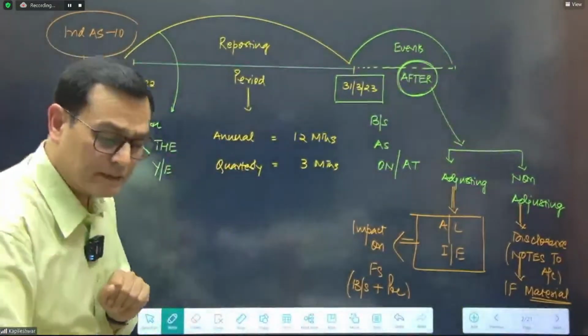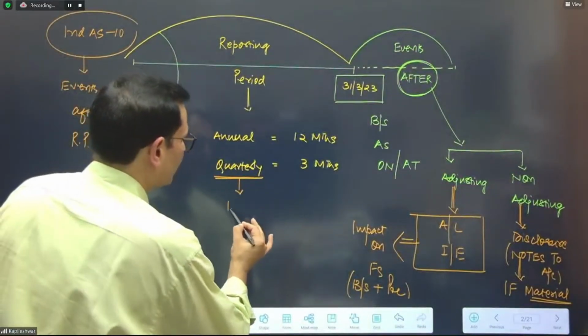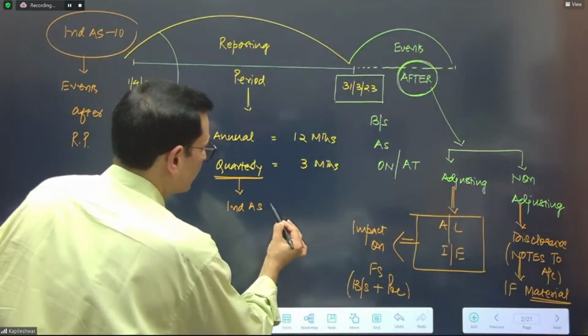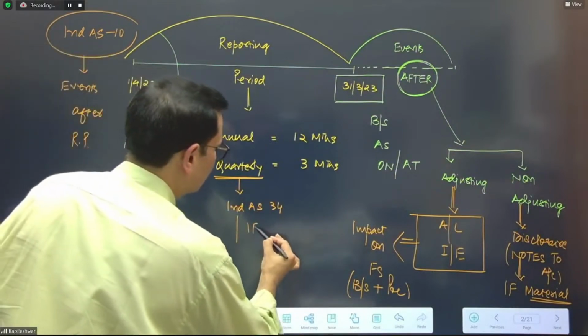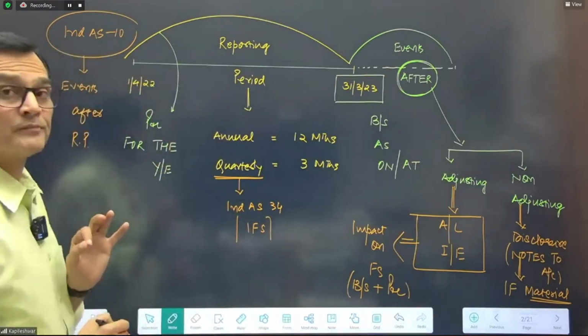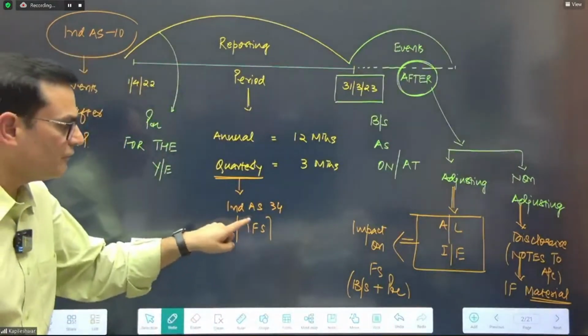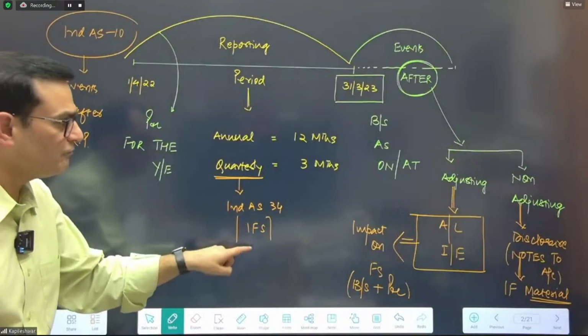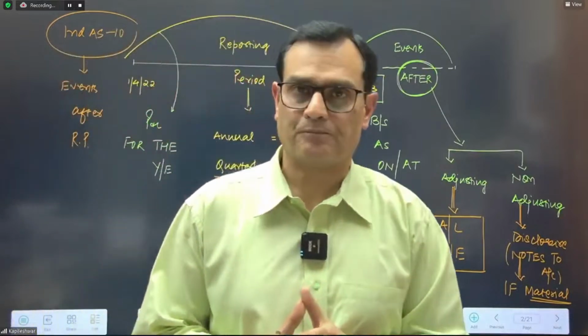When a company does quarterly reporting, it needs to apply Ind AS 34. Ind AS 34 deals with interim financial statements. So when a company applies Ind AS 34 to make interim financial statements, even then Ind AS 10 is going to be applicable.